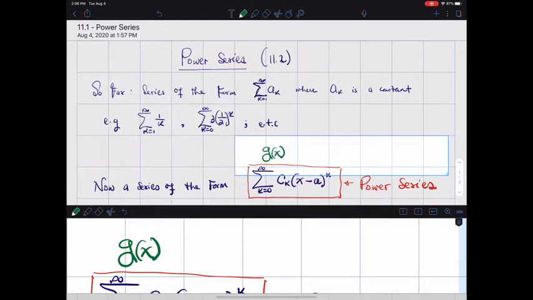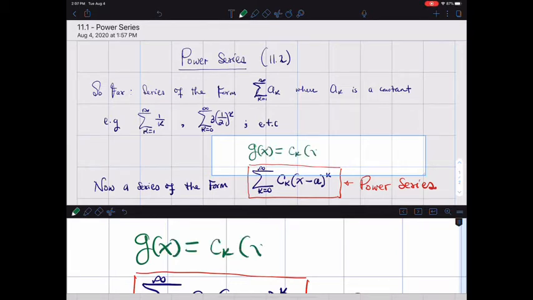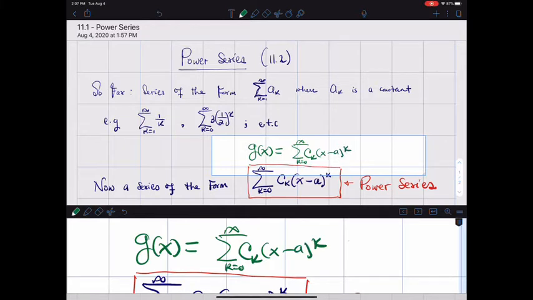Maybe we can think of this as a function since it just has x in it? So g of x is equal to summation of ck, k from 0 to infinity, and then x minus a to the power of k. Is it a function? Is it? All right, so that's one of the questions we're going to be answering.